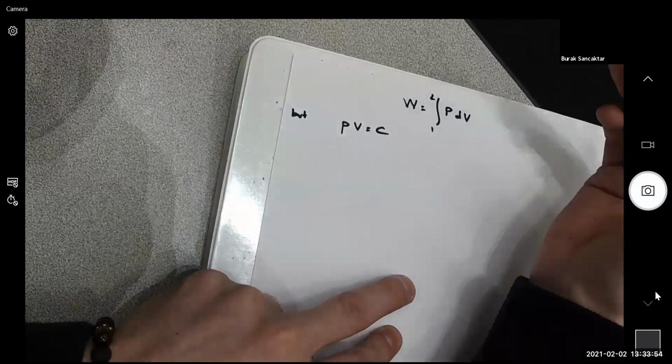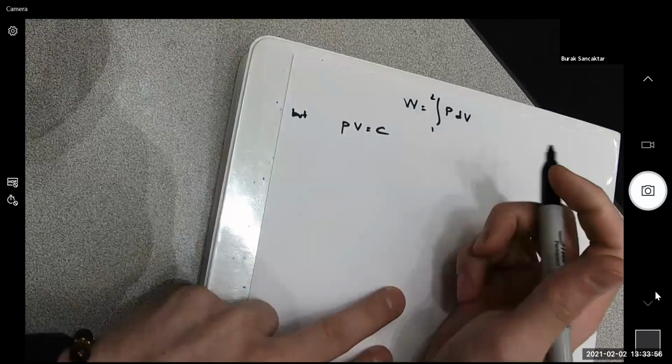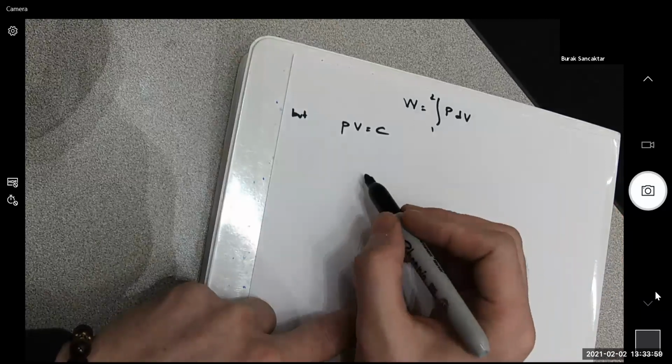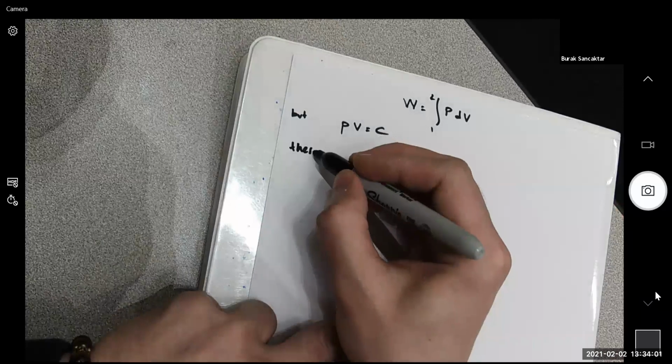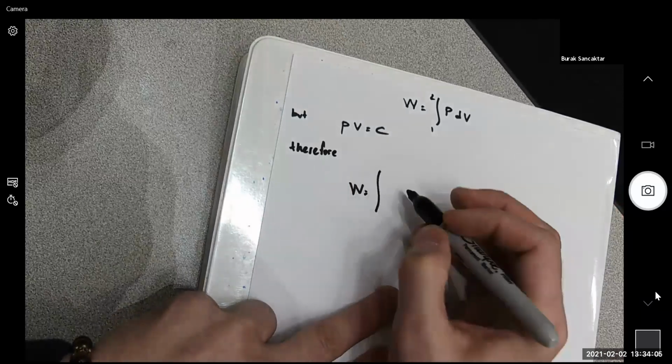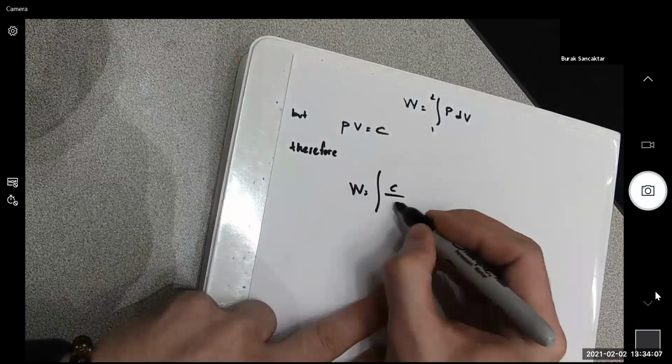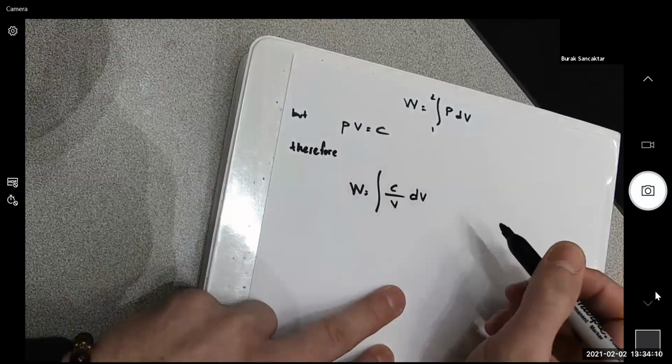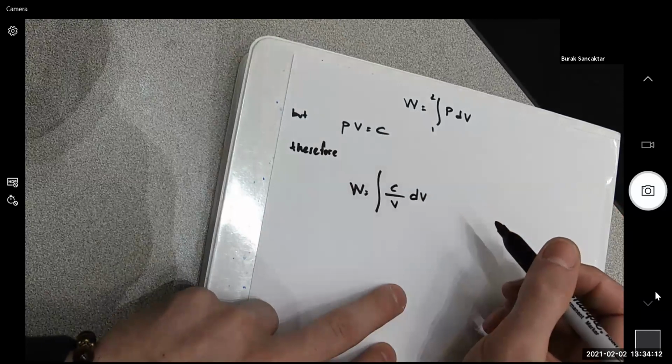That's what that integration is. Therefore, work will be equal to constant over volume times delta volume.